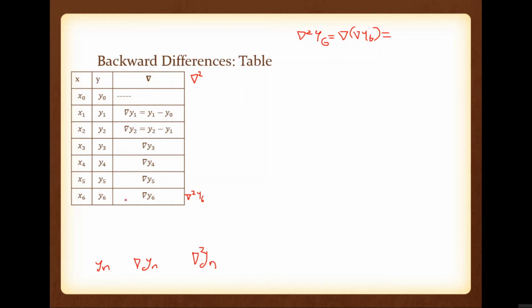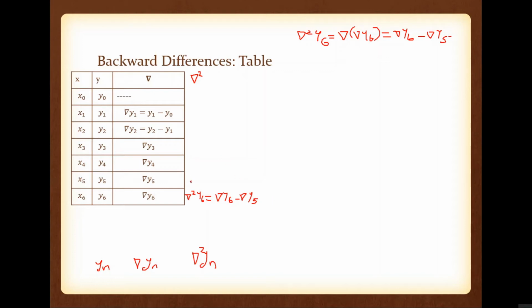This is del y6, the current data, minus the previous data, del y5. Del square y6 is equal to del y6 minus del y5.